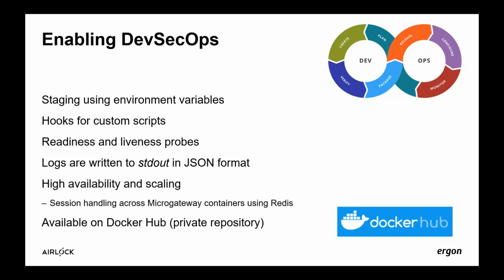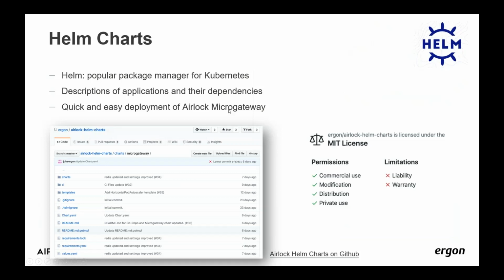On the other hand, it ends up in a YAML confusion, because you have a lot of files which you have to run by yourself and check and verify and add and do the changes and so on and so on. And this is why we decided to include Helm Charts.